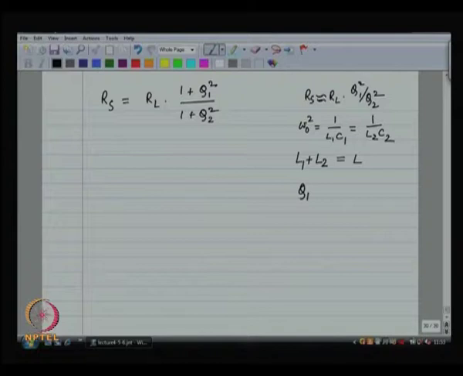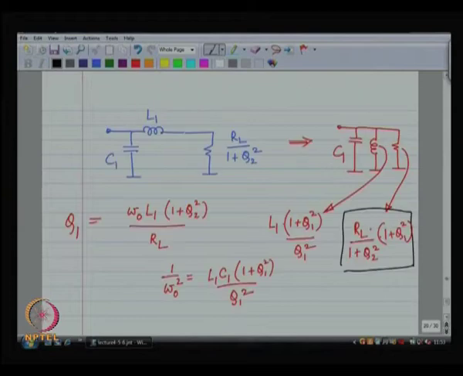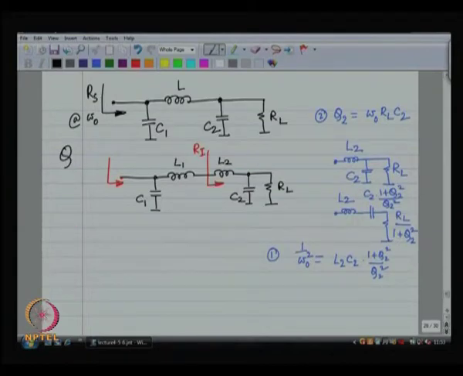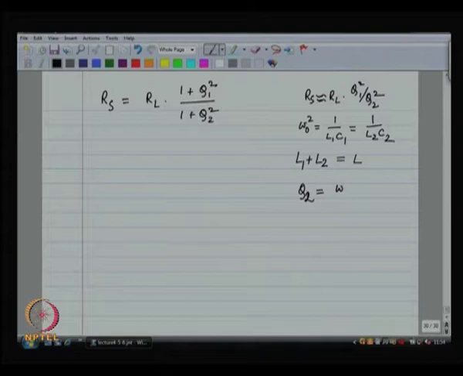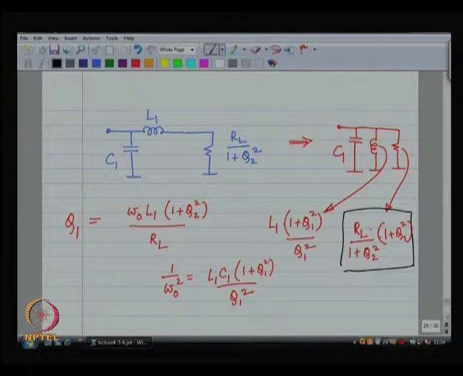What else is missing here? Q 2 is how much? And Q 1 is omega naught L 1 times (1 plus Q 2 squared) by R L.